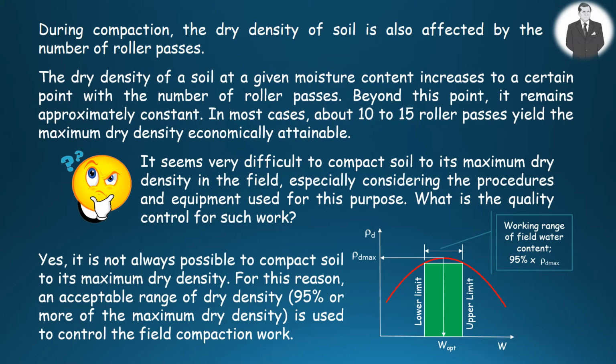The working range of field water is 95% of maximum dry density on the dry side of optimum moisture content, and the same amount, which means 95% of dry density, on the wet side of optimum. In this way, the lower and the upper limits are thus defined.